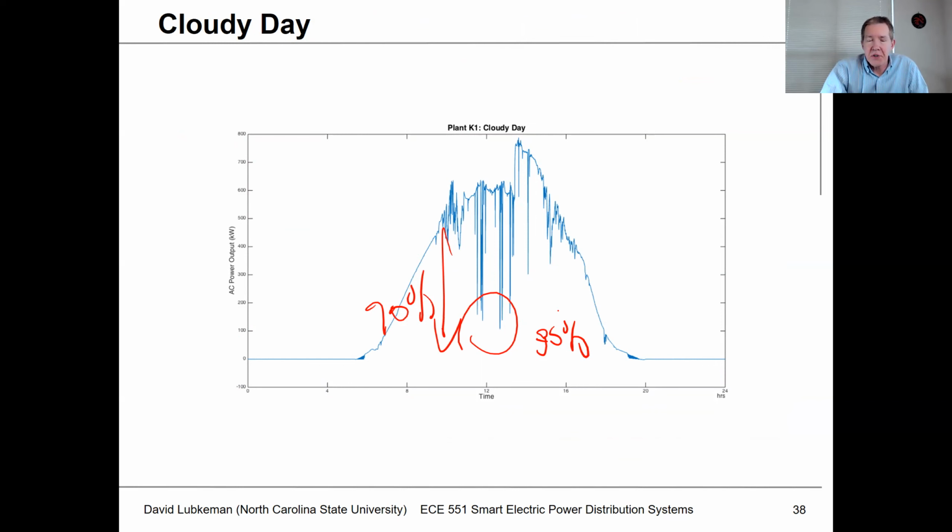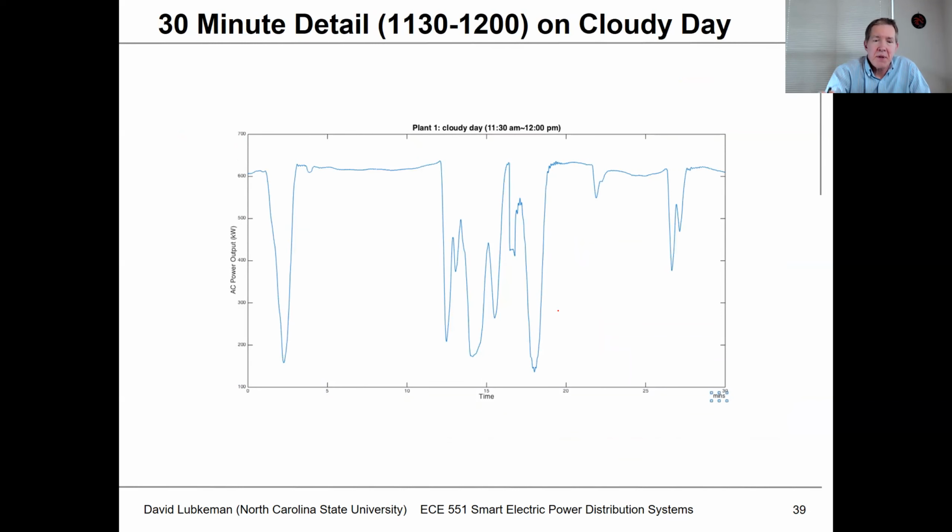And so what this looks like when you blow this up and focus on certain times of day is you see this output drop, and it comes up and it drops down, it comes up and drops down. What this does is cause a lot of issues with rapid voltage changes, or what we called flicker before.